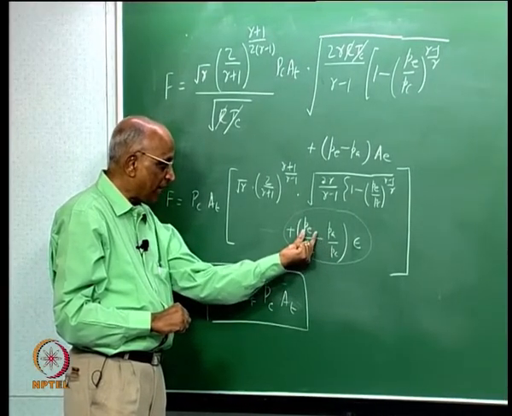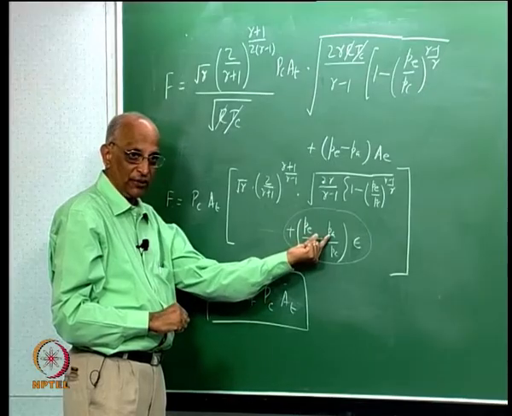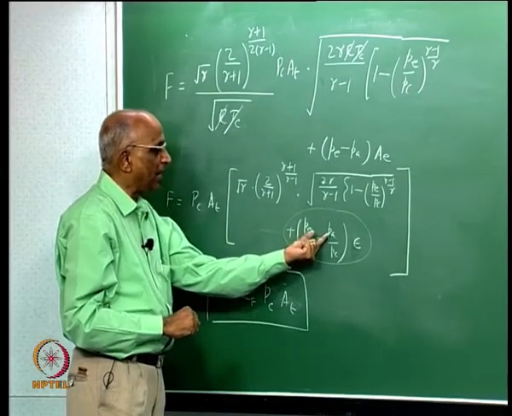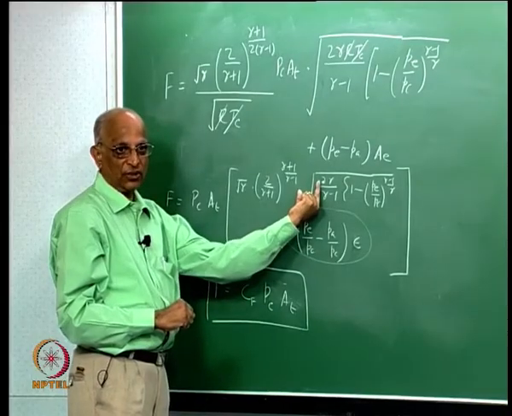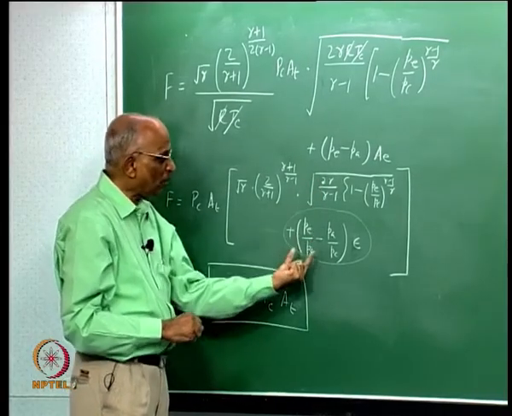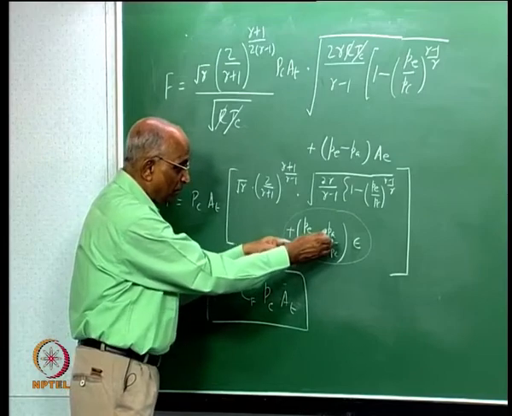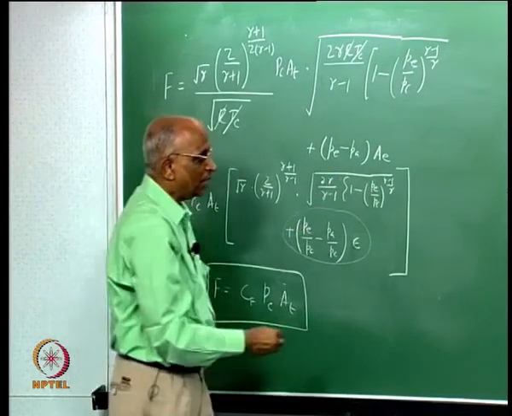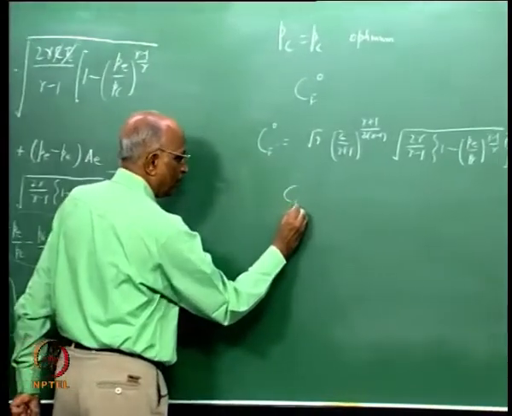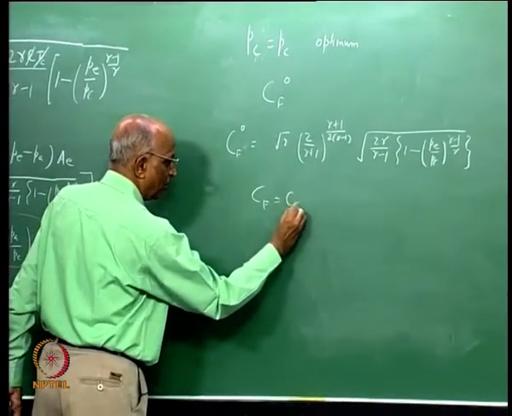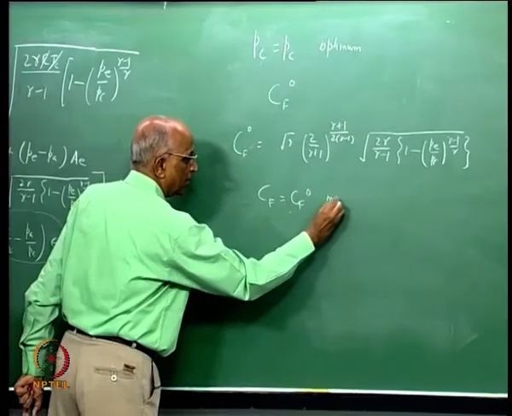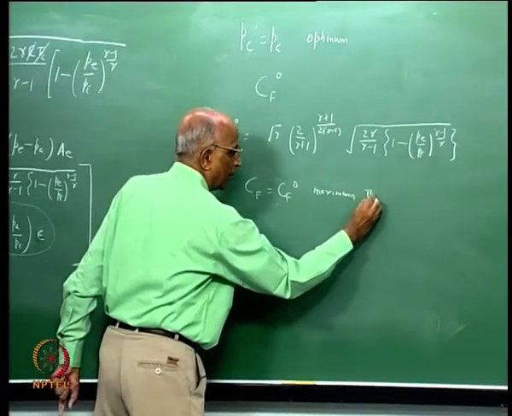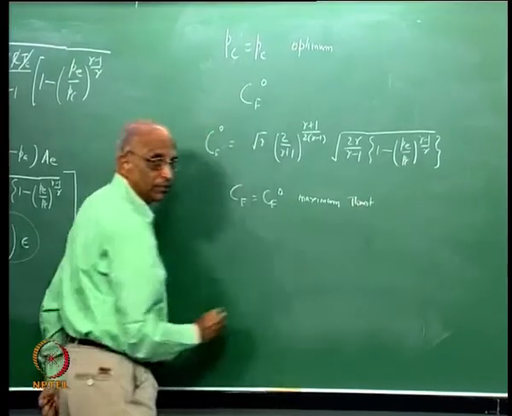If I have an underexpanded nozzle, I have positive thrust, and in all cases when Pe is equal to Pa, I get the maximum thrust F, because in one case the contribution from this increases, but the contribution from this decreases, and only under the condition Cf equal to Cf0 do I get the maximum thrust.